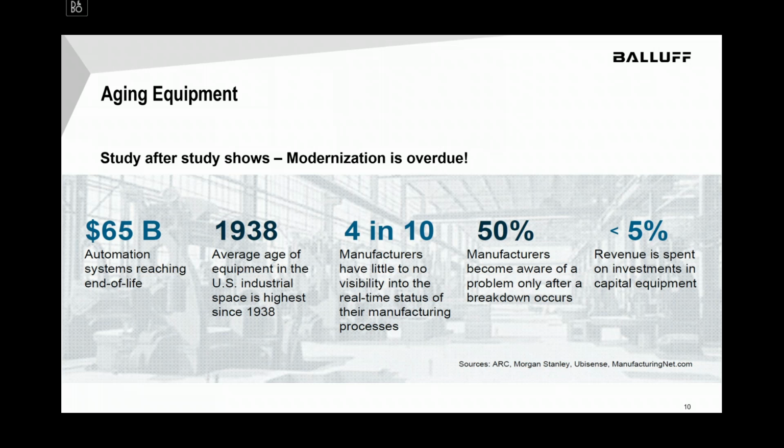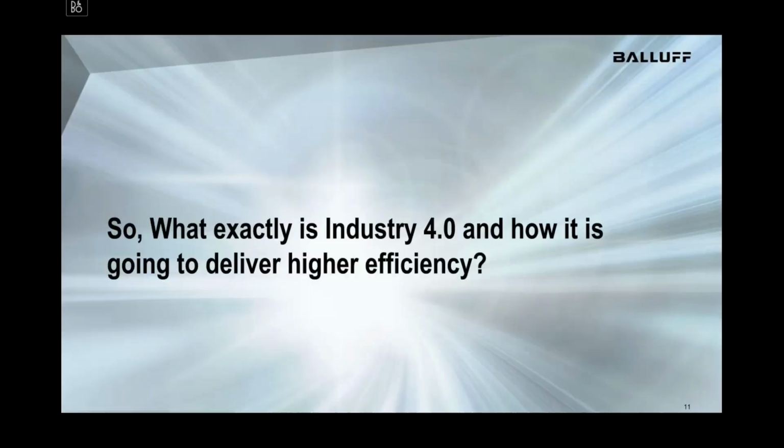That's one of the big problems: we are not aware of what problems are coming our way. And the other thing that has been changing drastically recently is that less than 5% of the revenue generated is spent back into investments for capital equipment. So this shows that modernization is overdue.